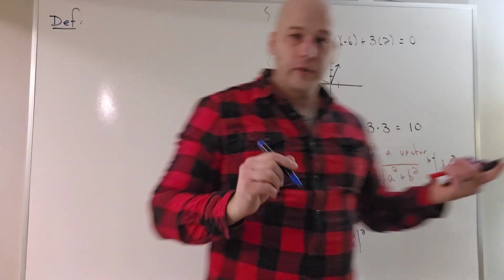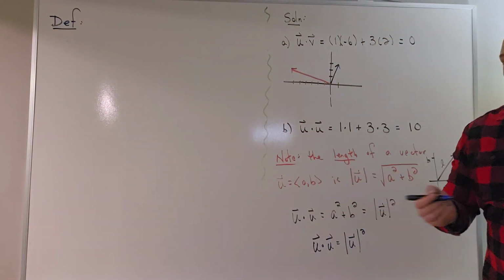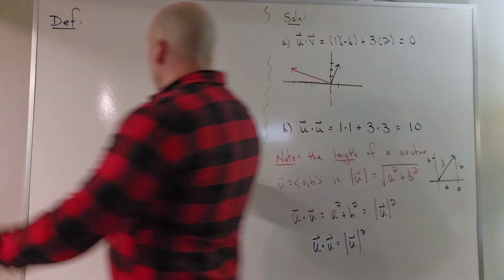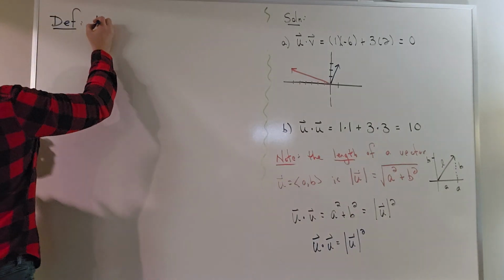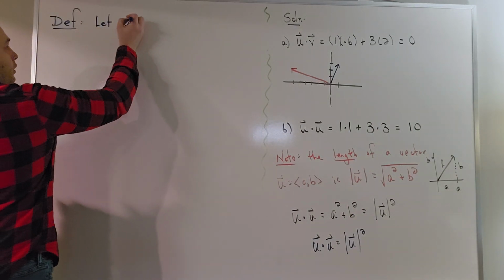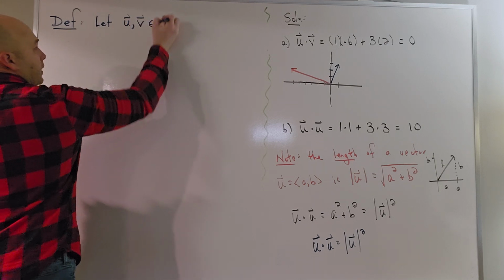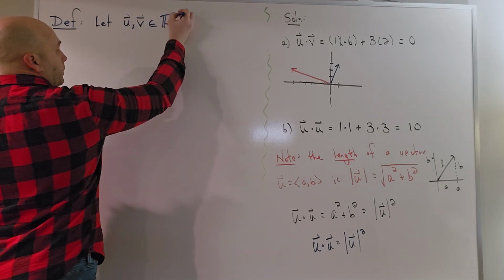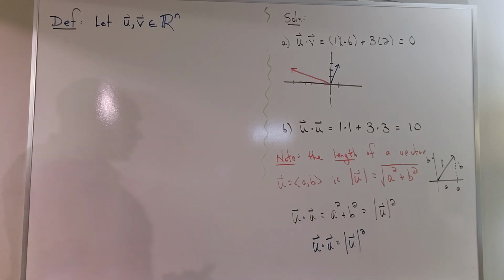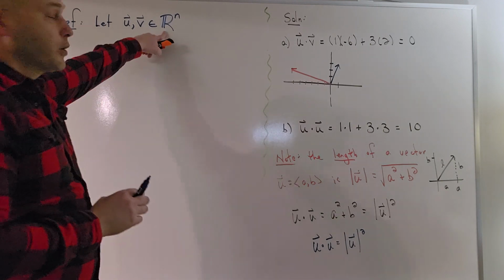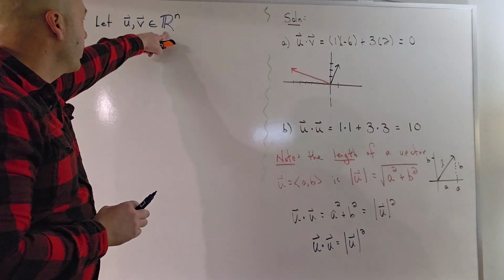So far, the only vectors I've used were vectors with 2 components, in other words, coming from R2. What I'm going to do is say, let u and v be elements of an arbitrary n-dimensional vector space with real components.